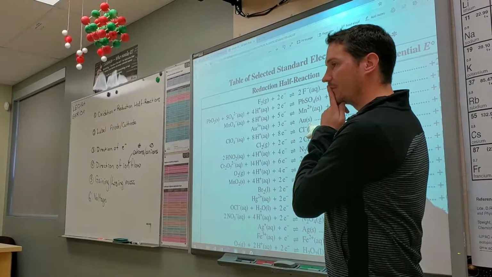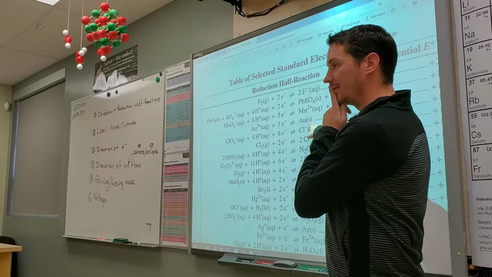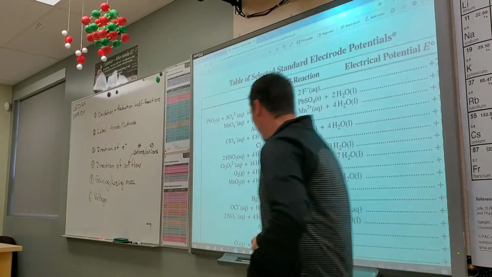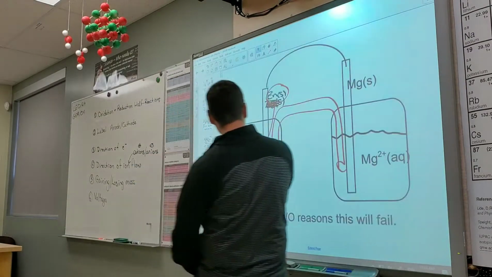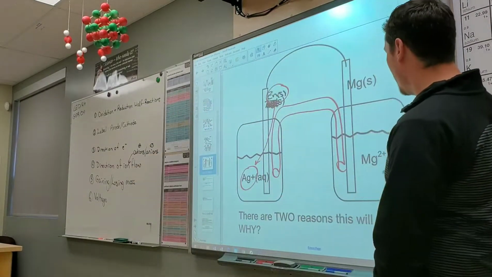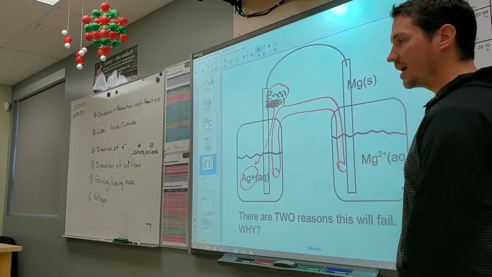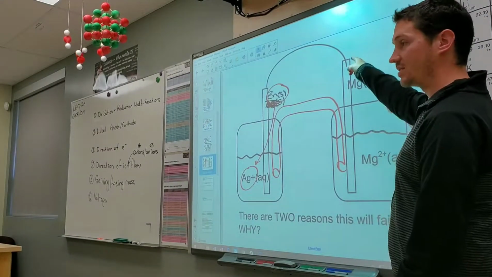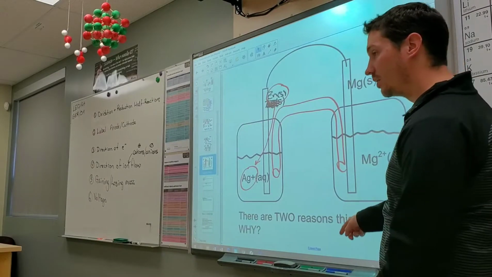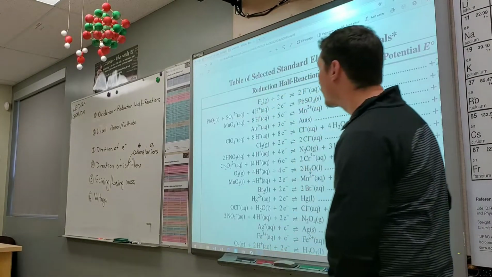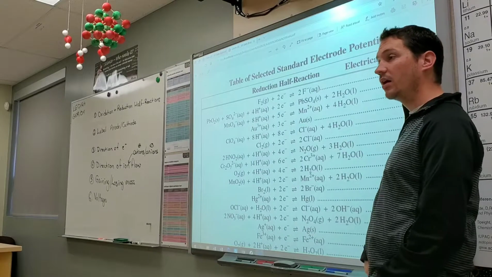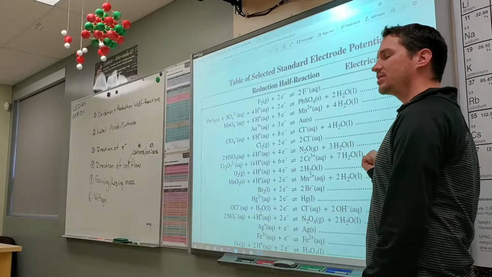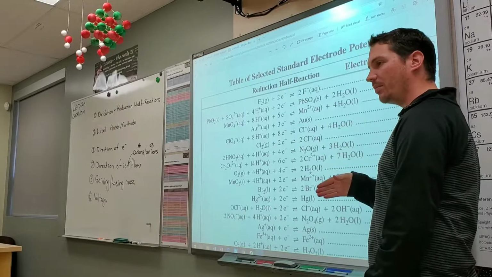Could we have in our half cell, just like we did here, acidified permanganate as our electrolyte, and gold as our electrode? Would that work out? Actually, no, because it moves it downhill. That's a downhill reaction. So you have a spontaneous reaction in its own cup.